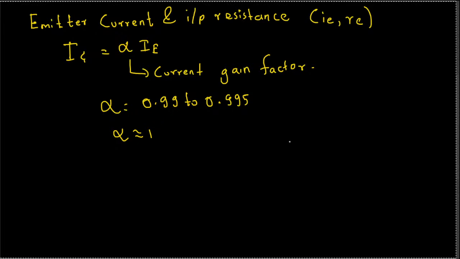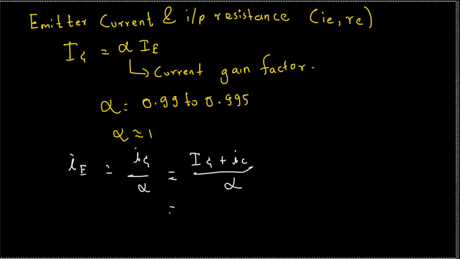This is for the DC, and for AC it's also the same. The total emitter current, capital IE, is equivalent to the total collector current divided by alpha, and the total current is given by the DC component plus the AC component, divided by alpha.